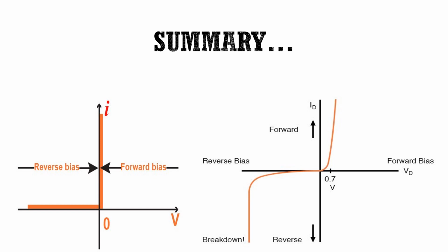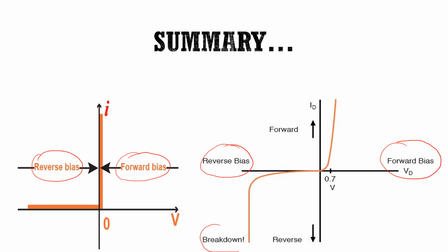As you can see, there are two modes of operation in an ideal diode, which is forward bias region and reverse bias region, whereas in real diodes there are three modes of operation. First is forward bias region, second is reverse bias region, and third is breakdown region. So this is the difference between an ideal diode and a real diode.